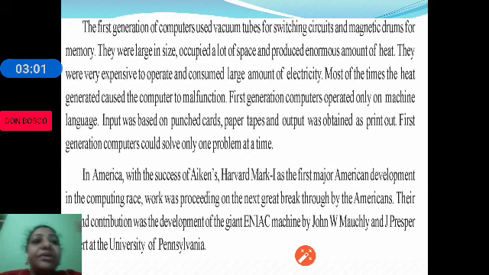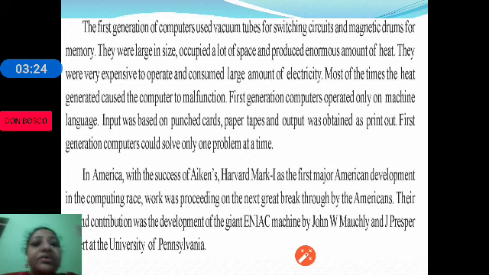First generation computers operated only on machine language. The language used in first generation computers was machine language, and the input devices used were punched cards and paper tapes, and the output was obtained as printouts.